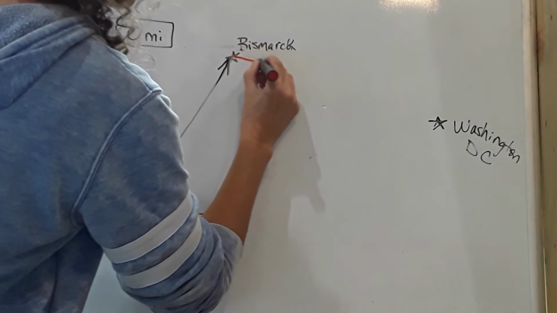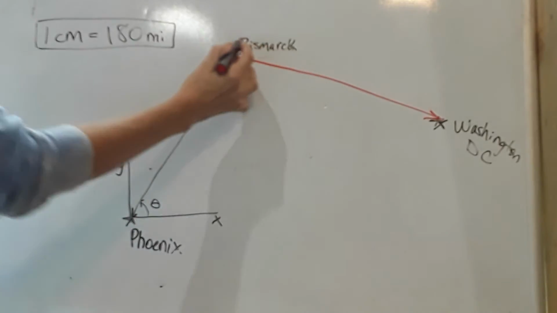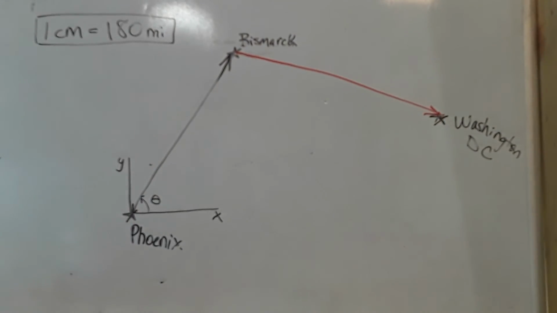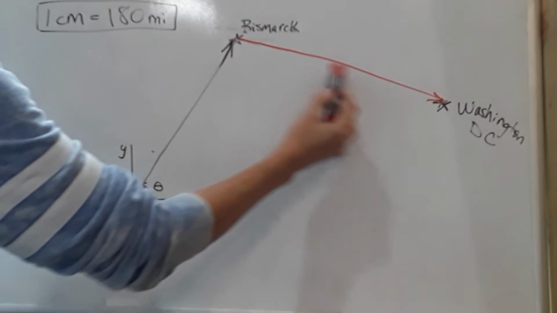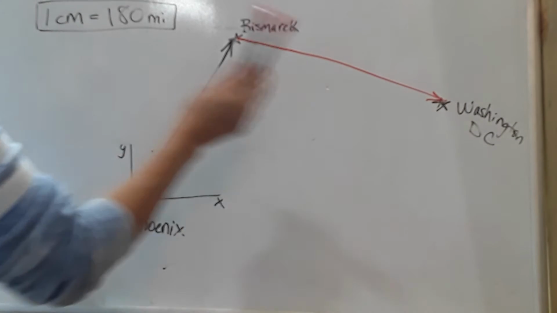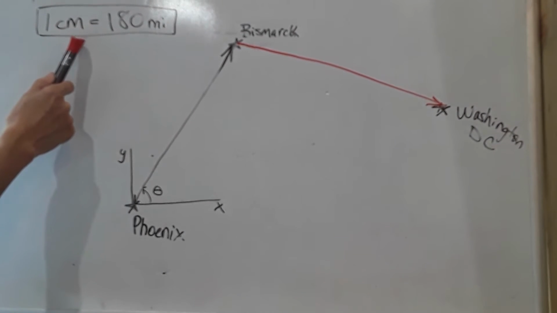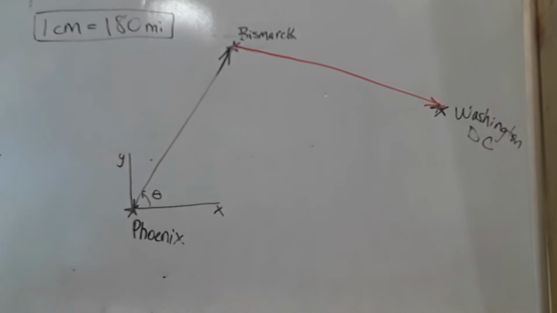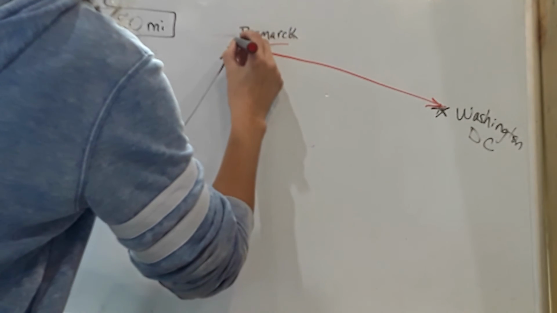This is the second part of your journey, from Bismarck to Washington, D.C. Again, you're going to measure the length of that with a ruler. Use this conversion factor to change that length that you found in centimeters to miles. And then at Bismarck, draw an XY coordinate system.